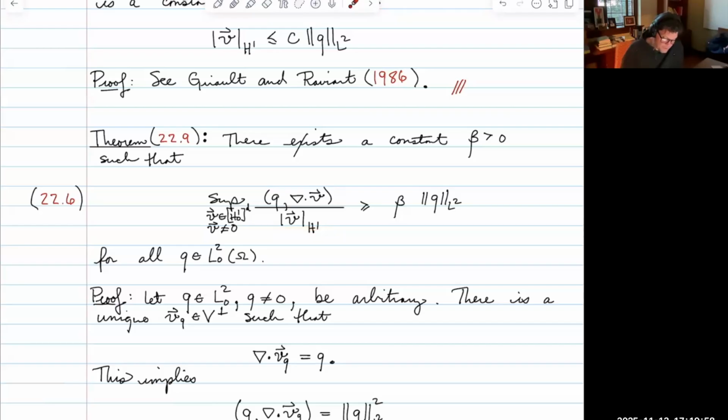That has to be bounded below by a constant, independent of q, times the L2 norm of q. This has to hold for all functions q in this space of mean 0 L2 functions.